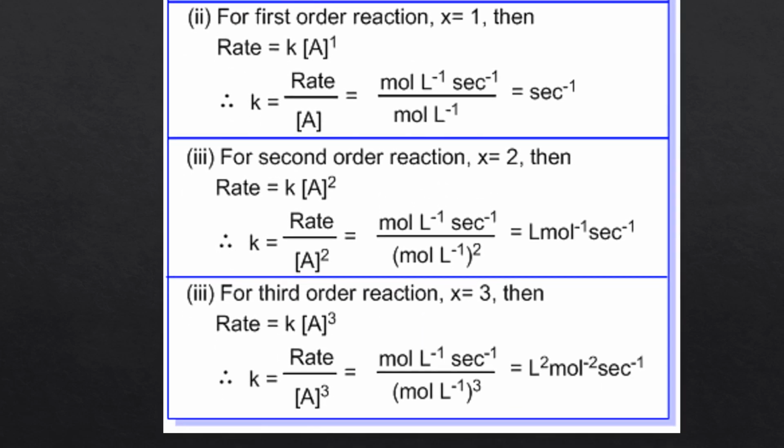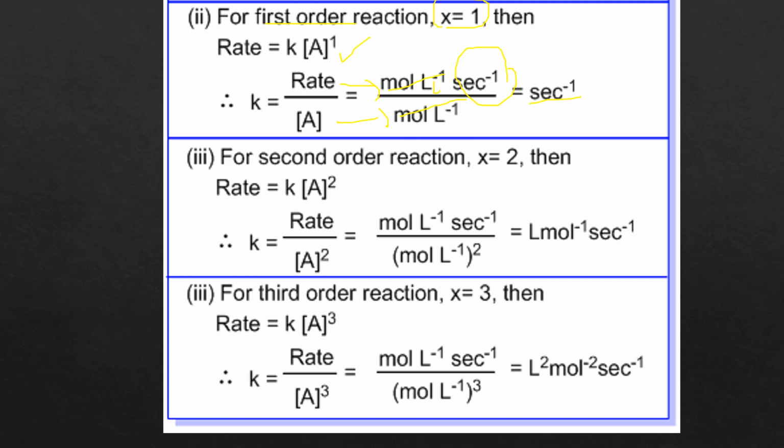If we talk about the first order, that means the concentration will be taken a single time. As you can see here, there is mole inverse, dm cube inverse. So the mole inverse and dm inverse will be cancelled. And what we'll be left with is only second to the minus 1.